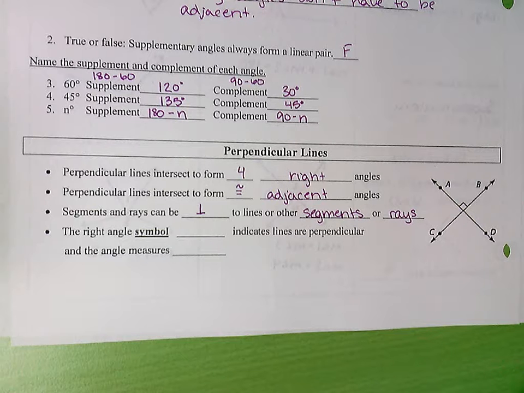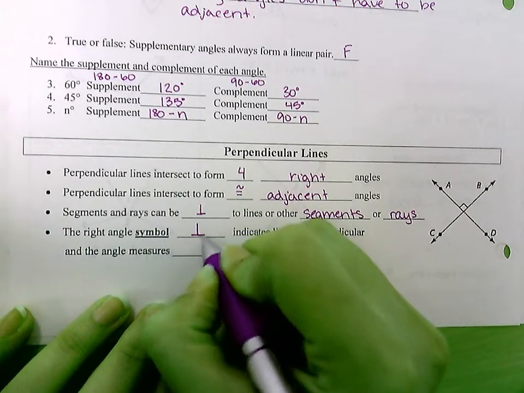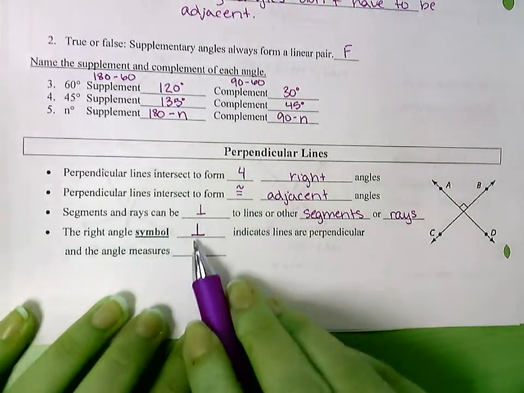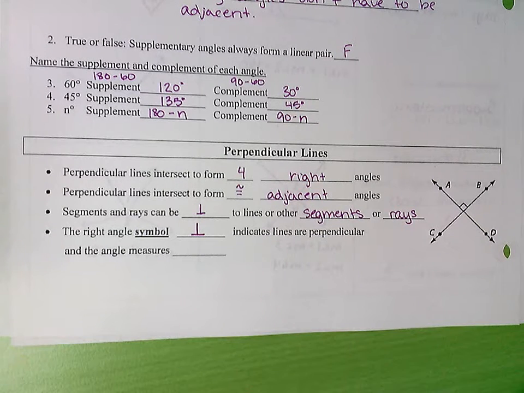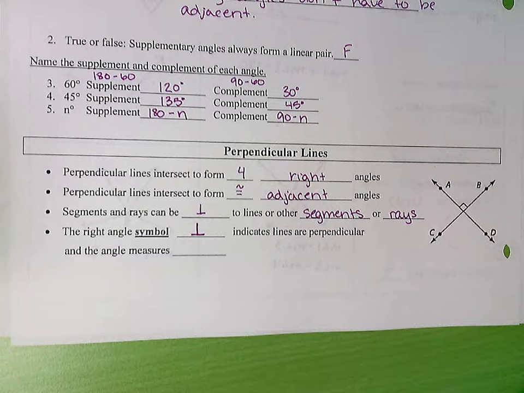The right angle symbol indicates lines are perpendicular. We use this upside down T to show that lines are perpendicular to each other. That's what I used up here. I didn't want to write perpendicular.